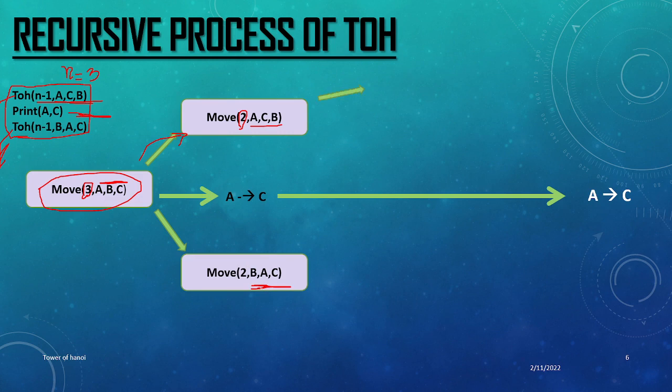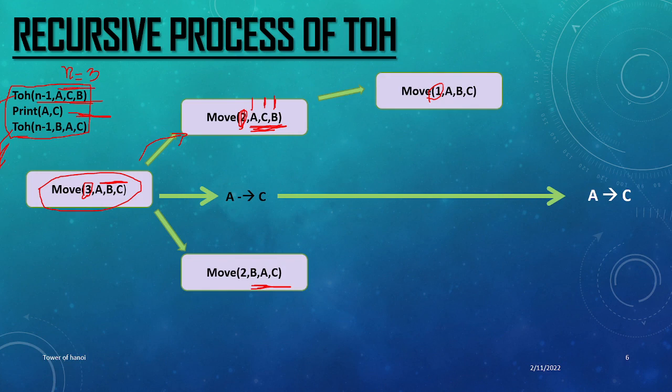And in the second recursive process, again n minus 1, here n equals 2, and n minus 1 will be 1, and ACB. It is A, it is not C, it will be B, and it will be C, and ABC will be converted into ACB.